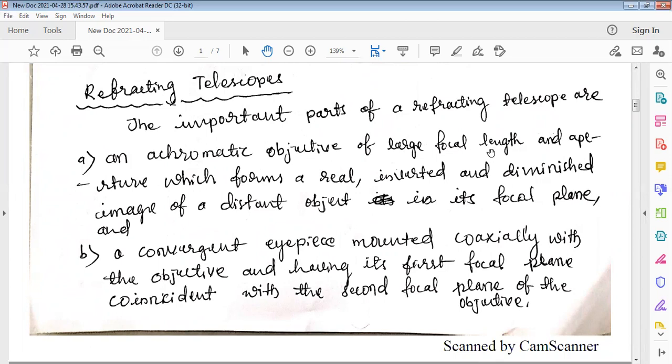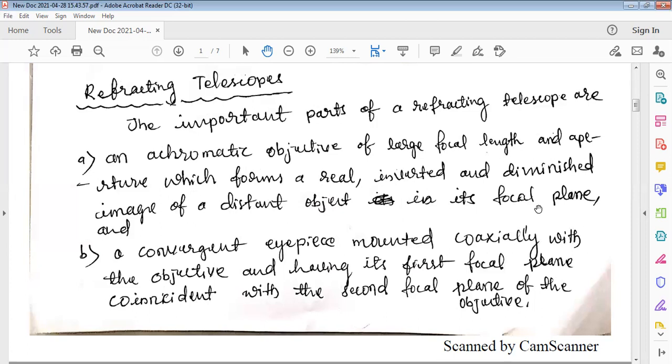Focal length means, when the light after refracting through the lens converges at one point, the distance between that converging point and the center of the lens is called the focal length. The aperture of the lens is also taken bigger, which forms a real, inverted, and diminished image at the focal plane.